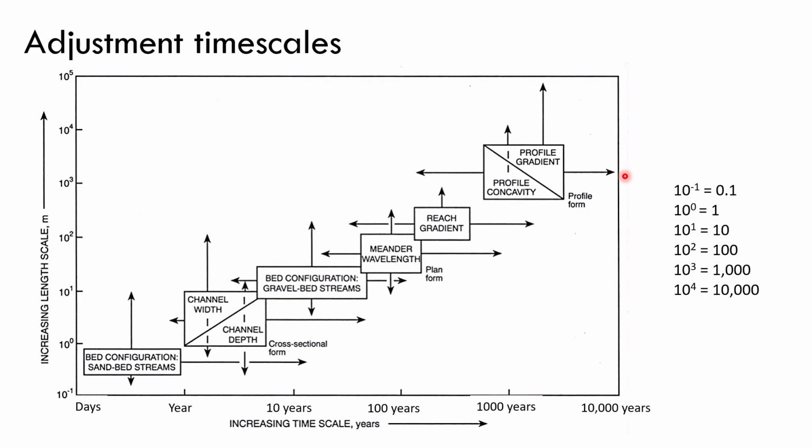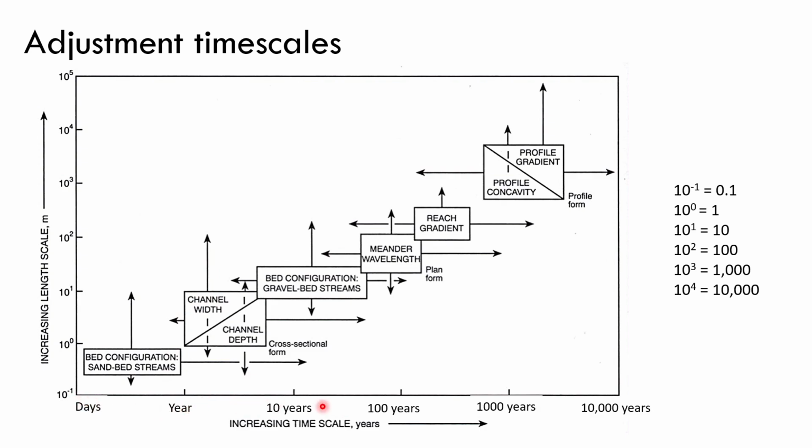So one thing that's important here is that not all of these degrees of freedom can change all at once. Certain degrees of freedom will change faster than others, and this graph here shows some of the ways that these degrees of freedom can change and how big of an effect they have on the river system as well.